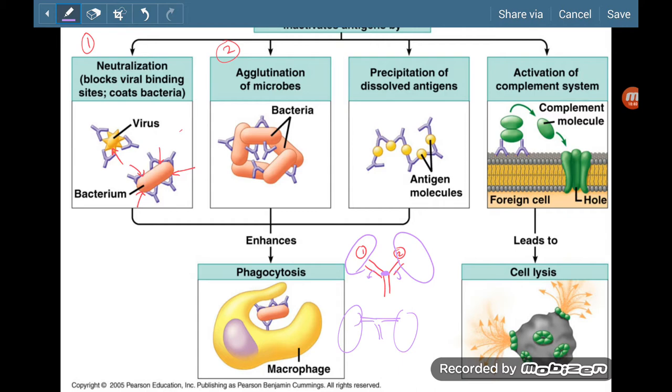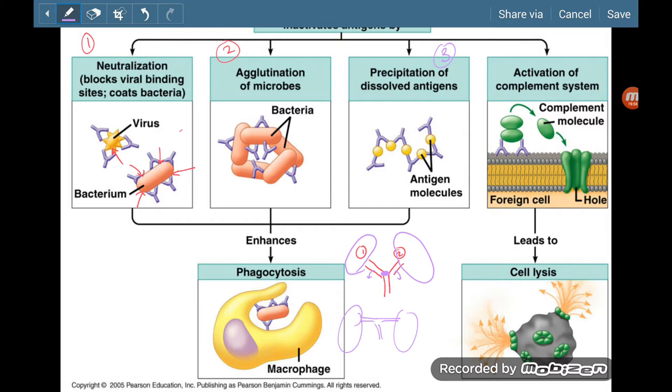Okay, so now number 3 and 4 are not specifically ones that we need to know that much about. Number 3 would be relevant for those soluble antigens, which might be small proteins or toxins, and antibodies binding onto them are able to cause them to come out of solution, and we call that precipitation.